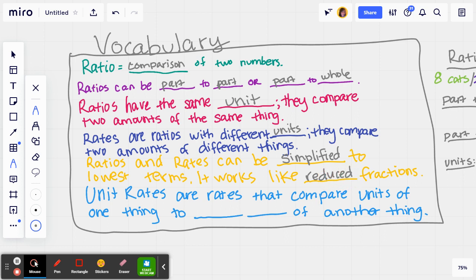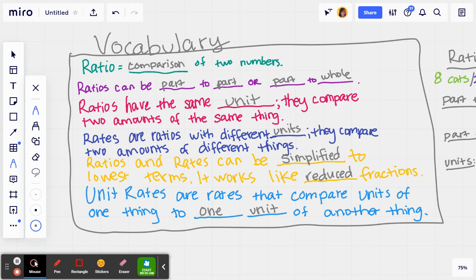And finally, unit rates are rates that compare units of one thing to one unit of another thing. So maybe we say for $10 we can get 5 cups of coffee. A unit rate would say, well, how much is 1 cup of coffee?